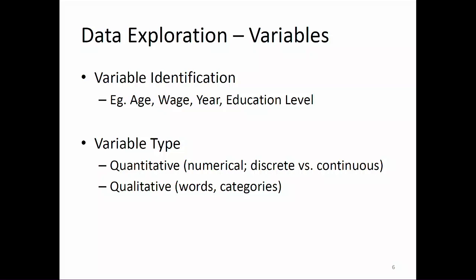The types of quantitative data, you can think about it either being a discrete variable or a continuous variable. Again, there's a little bit of a gray area. Discrete variables may be things like age as measured in years, and a continuous variable might be something like time of a sensor measurement.